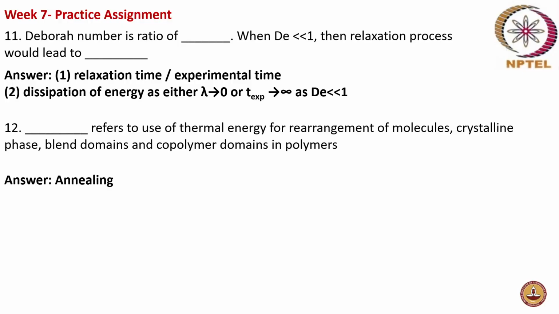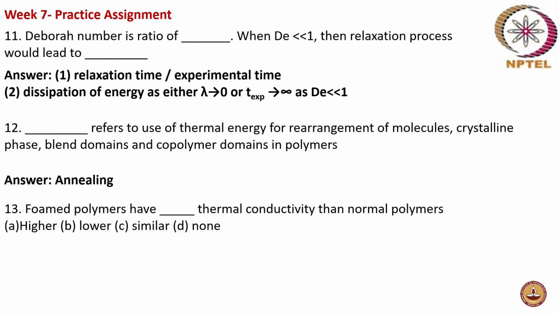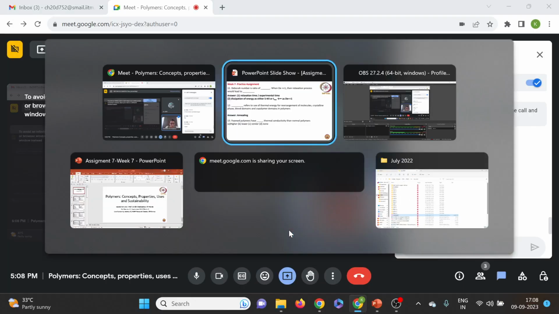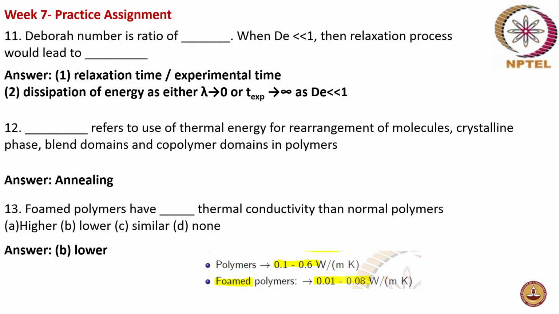Good. Next. Formed polymers have dash thermal conductivity than normal polymers. Does it have higher thermal conductivity or lower thermal conductivity or similar thermal conductivity or none of the above? Lower. Yes, perfect. They have lower thermal conductivity. So here are a set of values.